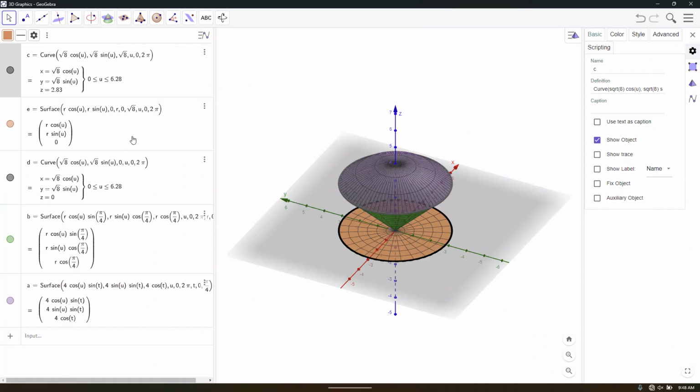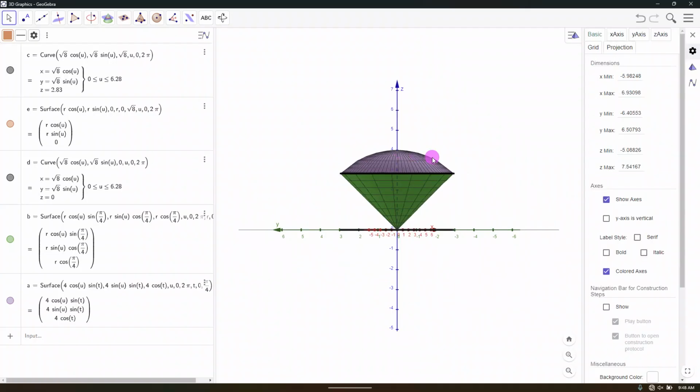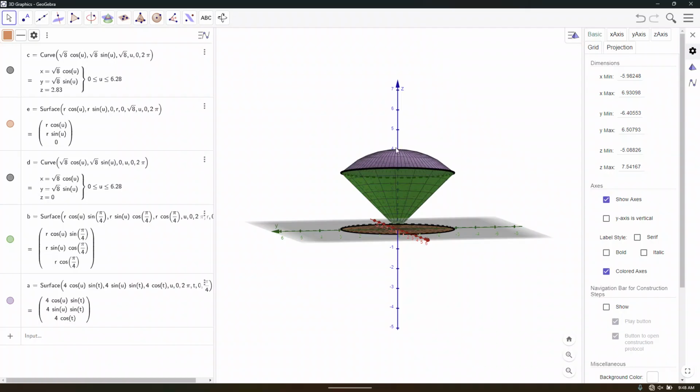What's the distance between the origin and any point? Do you agree that this distance is always the same? It's constant, in accordance with the equation of the sphere x squared plus y squared plus z squared equals 16. That's 4, so the radius goes from 0 all the way to 4.